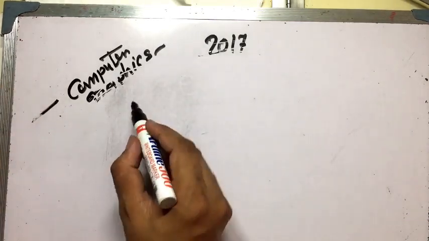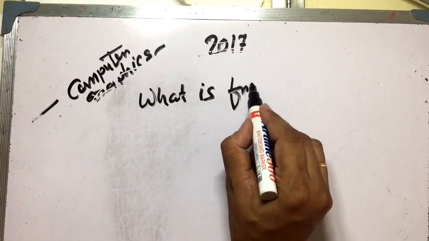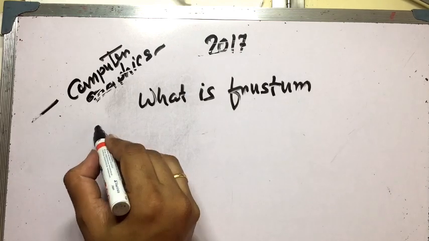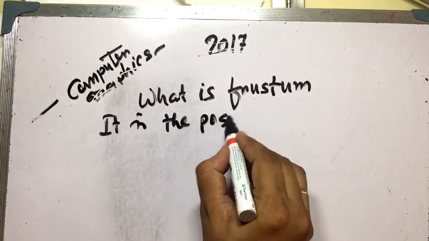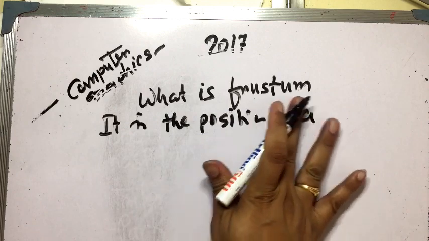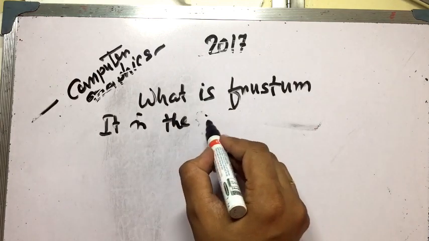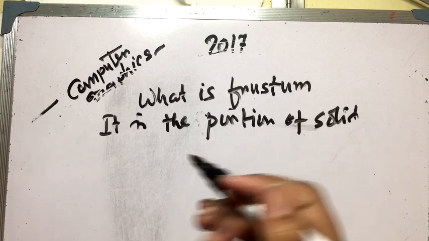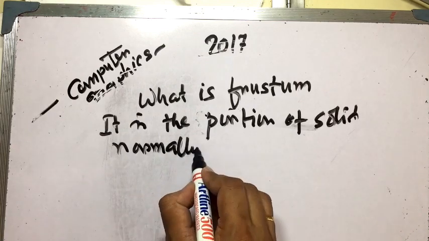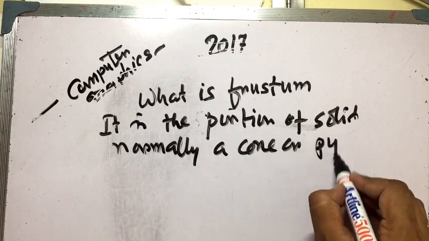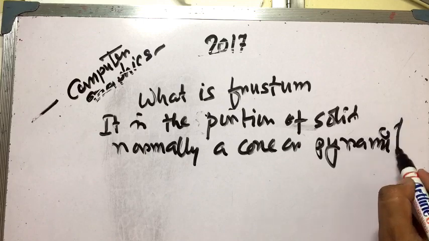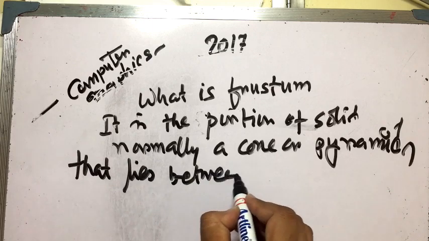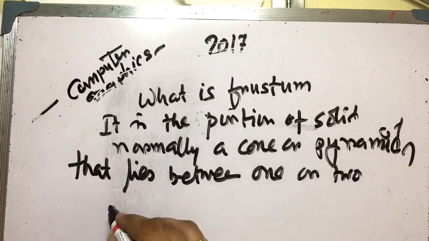Next question. What is frustum? It is the portion of a solid, normally a cone or pyramid, that lies between one or two parallel lines.